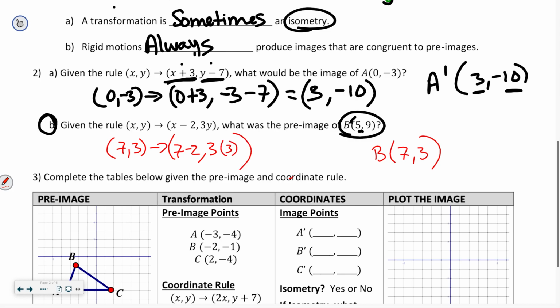And 7 minus 2 is, voila, 5, comma 3 times 3 is 9. Yes, it did work. That's exactly what I wanted right there. Okay, this is B, and this is B prime. Great. Let's move on to the next.